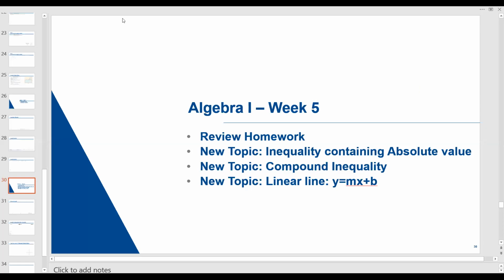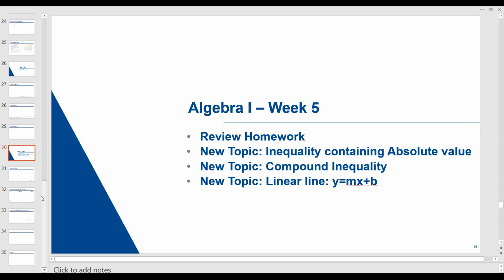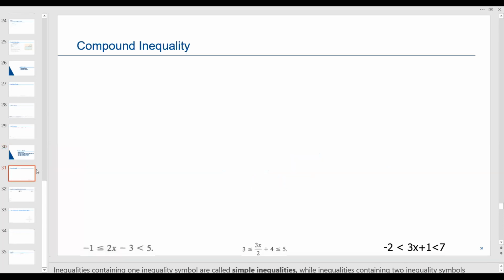The homework from 51 to 64 is compound inequality. That's today's topic. I was supposed to teach it last week, but the time was too short. So let's begin. Let's continue on this one right here. We focus on compound inequality this time.